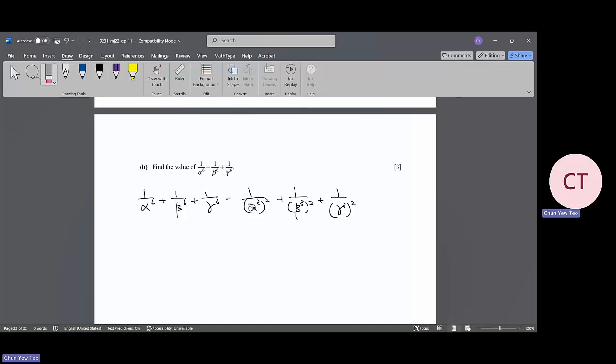Or maybe we can look at them in this way: the whole thing here squared, the whole thing here squared, and the whole thing here squared. So this will equal (1 over alpha squared plus 1 over beta squared plus 1 over gamma squared) cubed, sorry, not squared, cubed, minus 2 of this.